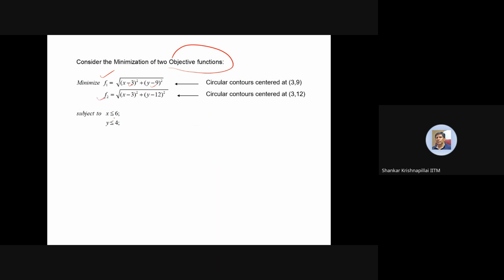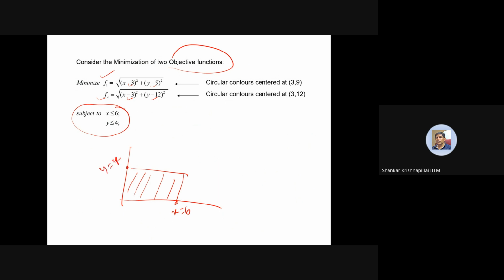The next is also to minimize another objective function f2, whose center is at x equal to 3 and y equal to 12. This is the feasible region, with x equal to 6 here and y equal to 4.